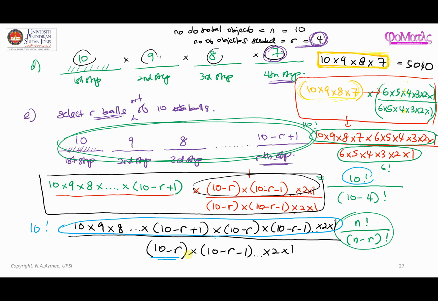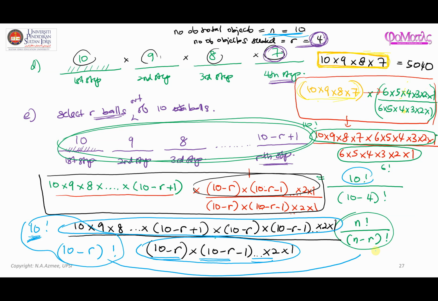And if you start off with 10 minus r and the number gets reduced, therefore this part here is actually 10 minus r factorial. And again, it goes back to the general formula. If 10 is the number of objects that you have, so n here is 10. So basically what you are seeing here is the same thing as applying the general formula, which is n factorial at the top part, and at the bottom is n minus r factorial.